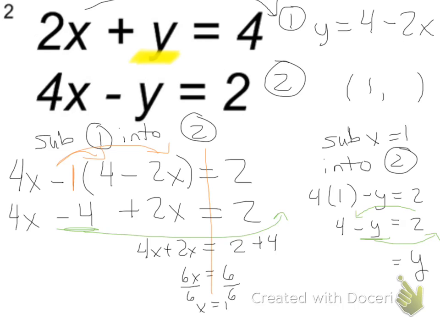So those 2 switches and I will be done, because 4 is already there, positive 2 becomes negative 2. So y equals 4 minus 2, which is 2. So the point of intersection for this system is 1 comma 2. There's my point of intersection.